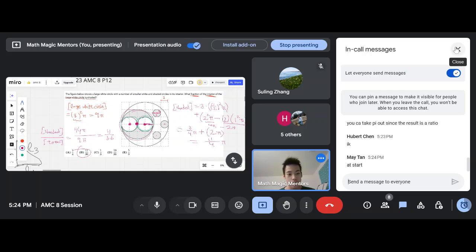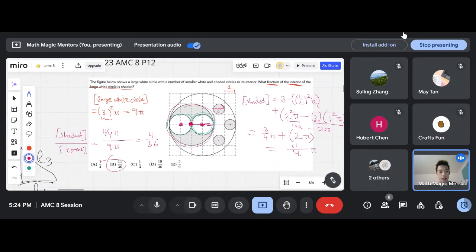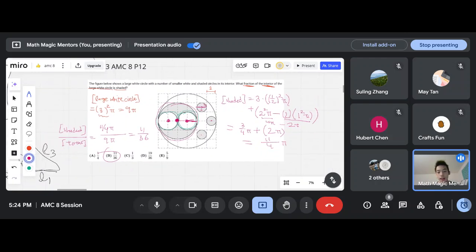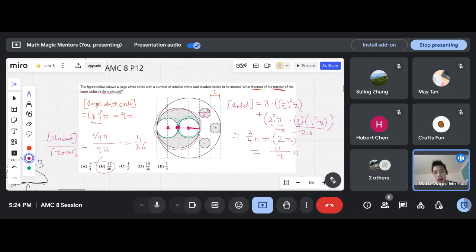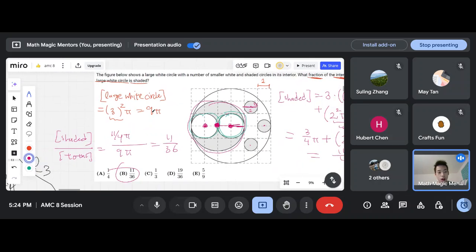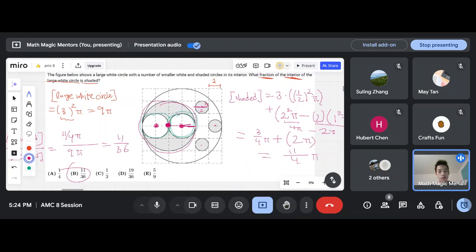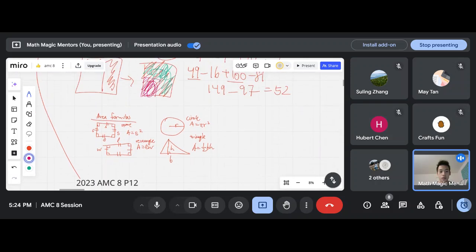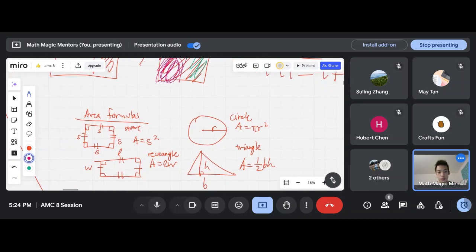May brought a really good point, that you can obviously take the pi out. In this final computation, you do have to take the pi out, because the top and bottom have the pi, so you can just cancel that out. But in the actual computation, even if you know that the pi's cancel out, you would probably still leave the pi in, because the area of a circle is pi r squared.